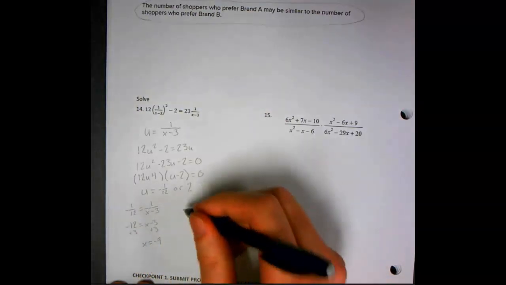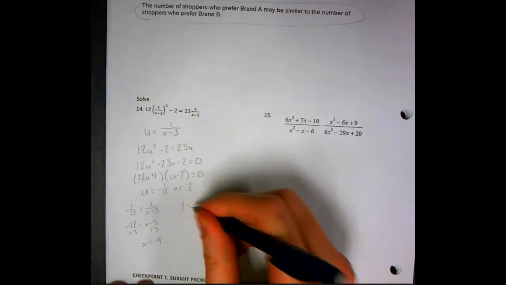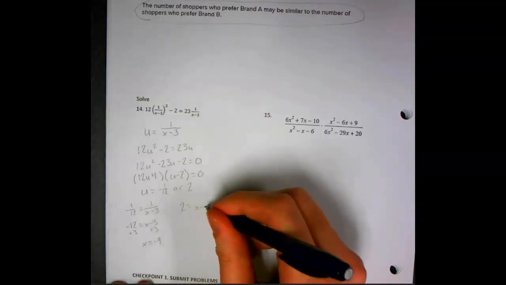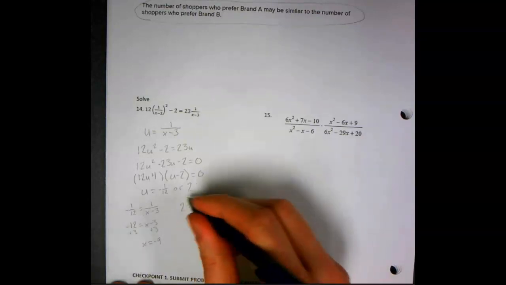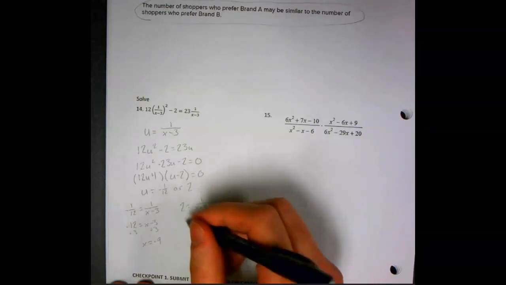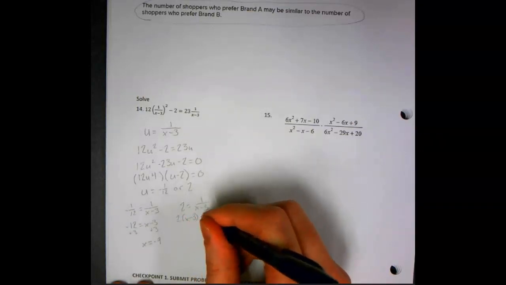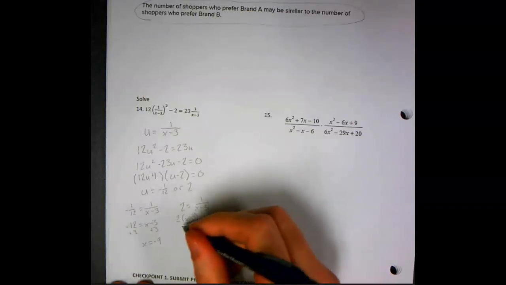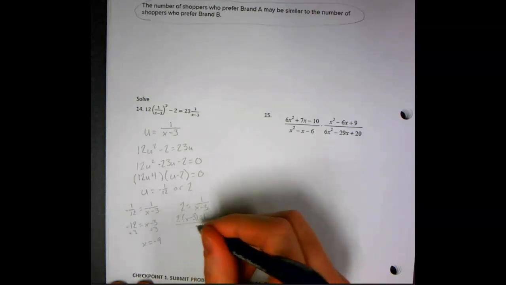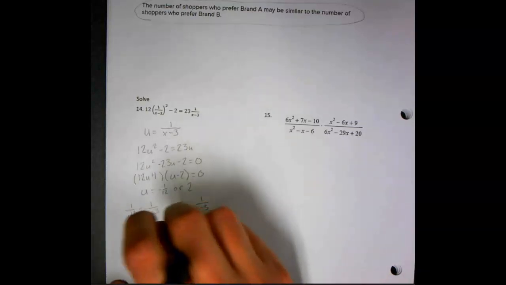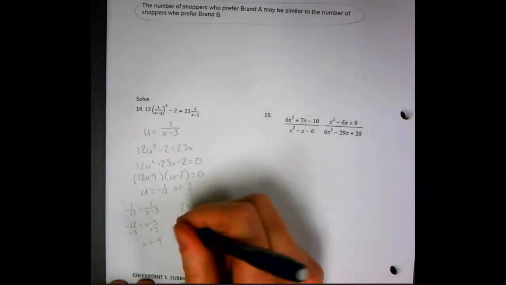The second one, we're going to have 2 equal 1 over x minus 3. Again, we can just multiply this over. So we'll have 2 times x minus 3 equals 1. We're going to distribute this out.